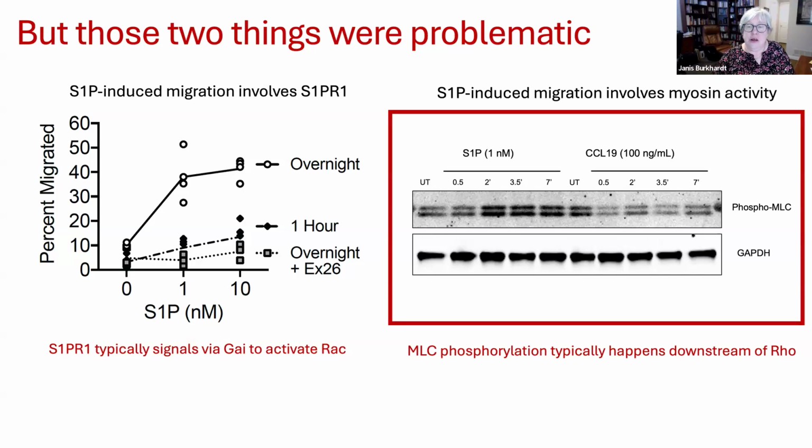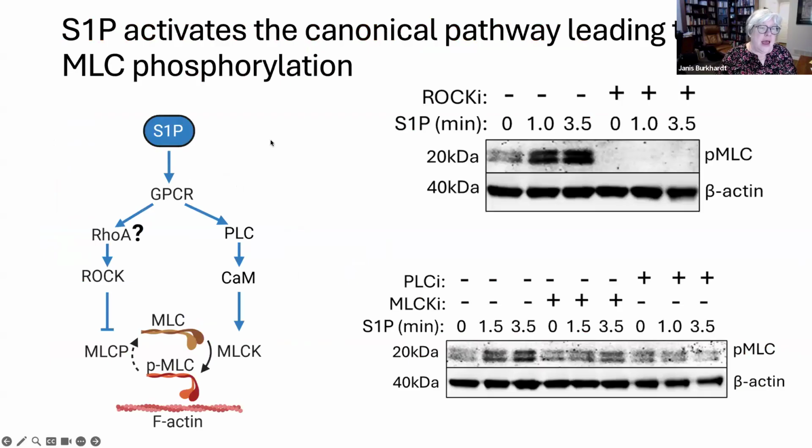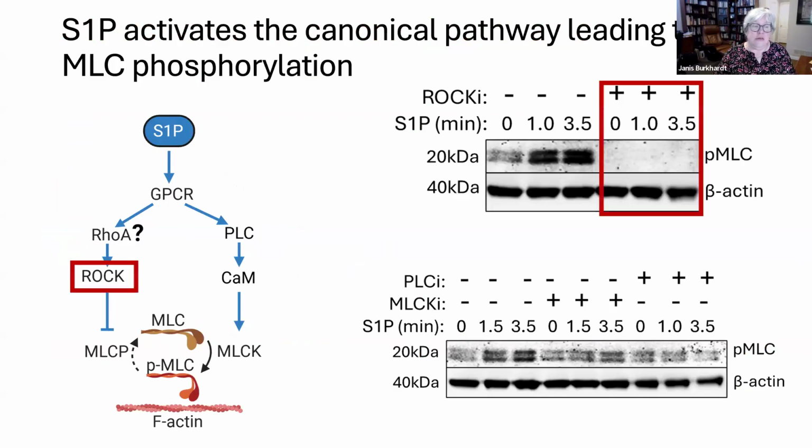So he started with this myosin phosphorylation response because a lot's known about that, and he decided to work up from the bottom. And as I said, there's a lot known about how you get myosin light chain phosphorylation. Canonically, it goes through a pathway involving Rho kinase, myosin light chain phosphatase, as well as phospholipase C and myosin light chain kinase. And usually both of these arms are involved. So Franklin started to look at whether these intermediates are involved.